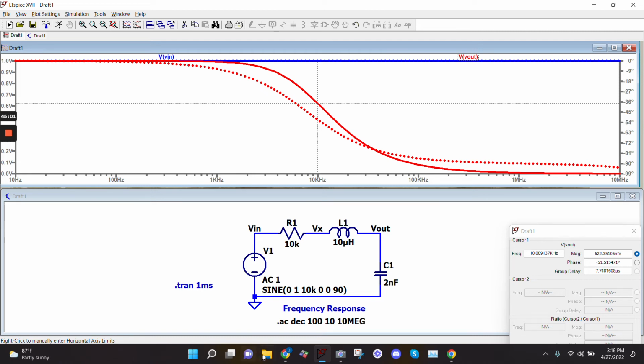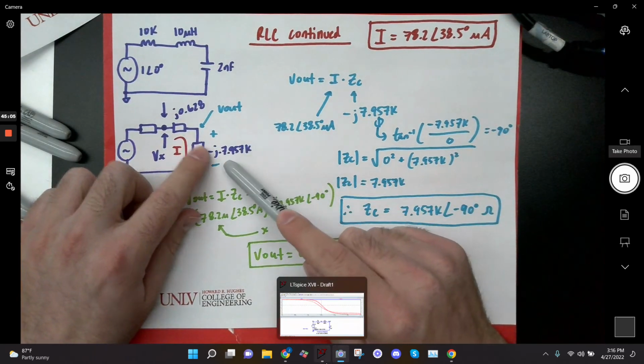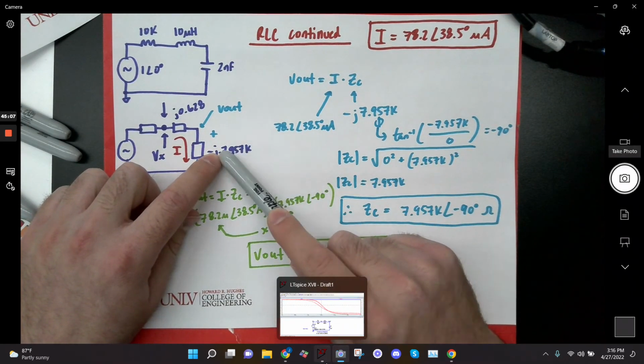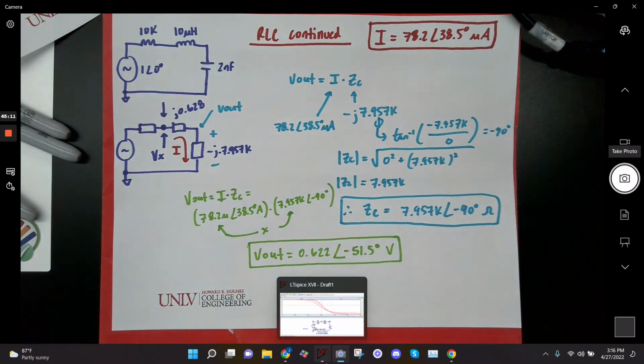There's one frequency in each of these circuits where this minus J times something and this plus J times something completely cancel each other out, and that imaginary component, the reactance, is gone. That's the resonance frequency.